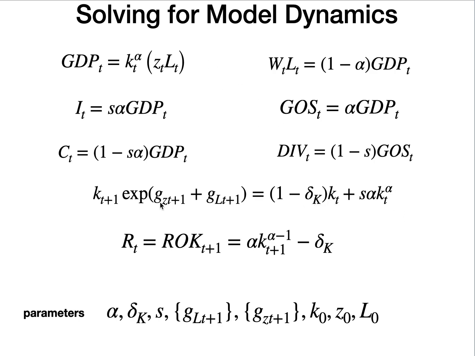And the reason we have this term here is this is the absolute amount of physical capital at time t plus 1 divided by effective labor at time t plus 1.